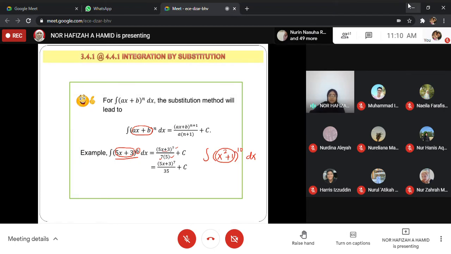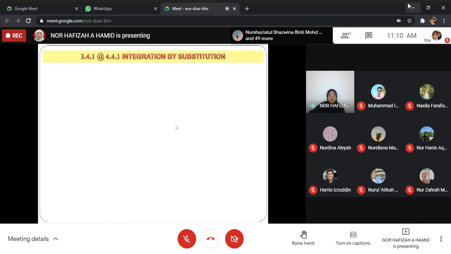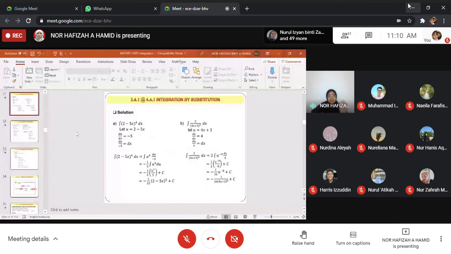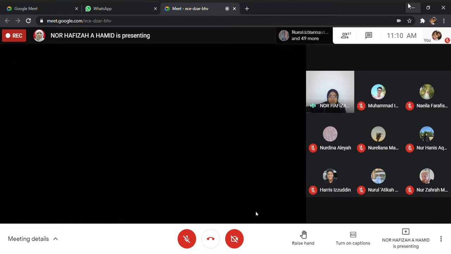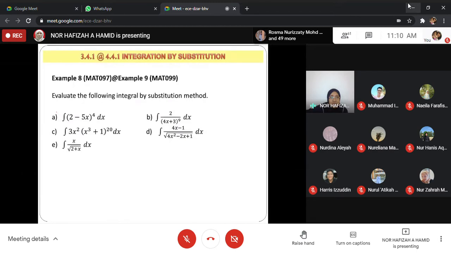If you refer to example A, this formula can be applied to number A, so A you can solve. To solve using the formula, you integrate: you have 2 minus 5x to the power of 4 plus 1, which is 5, divide by 5, and differentiate 2 minus 5x, which gives negative 5.